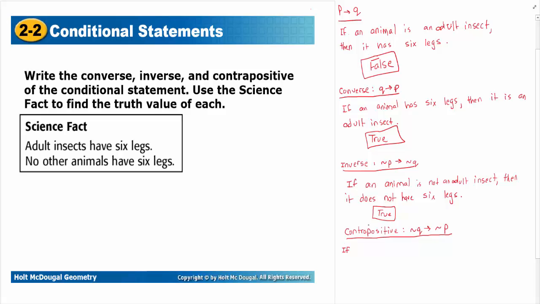So our contrapositive says, if an animal does not have 6 legs, then I can now say it is not an adult insect.